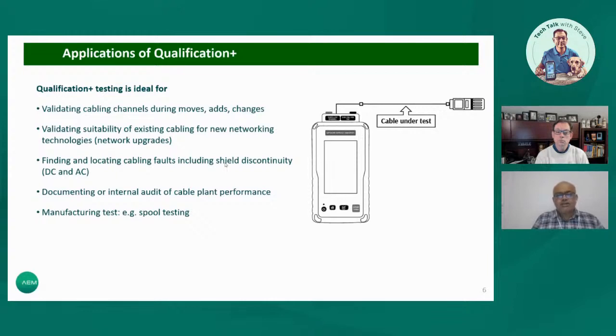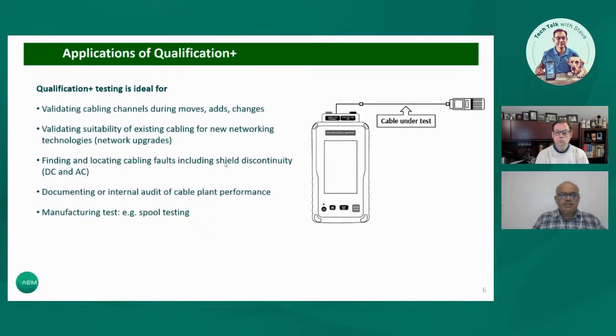And in fact, NSA also measures shield discontinuity, both DC discontinuity where the shield is open, meaning you have no connection to the shield from one end to the other for shielded cables, and also AC discontinuity where the shield might have DC connection. So with a multimeter, you can see that the shield is all right, but in fact it is not. We can detect such issues as well with the qualification plus single-ended tester.